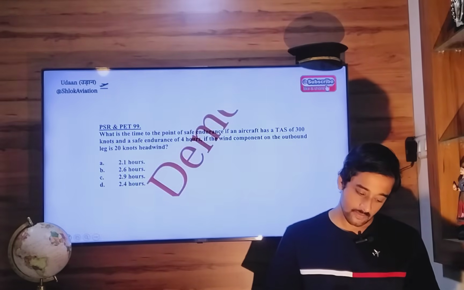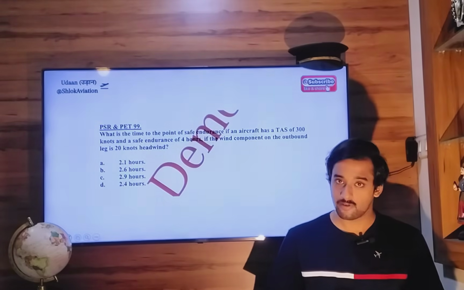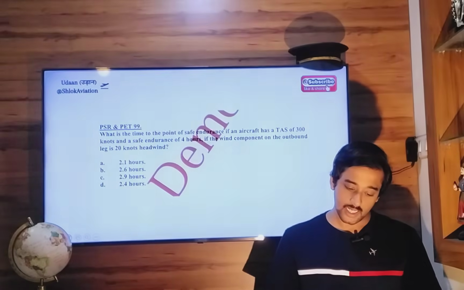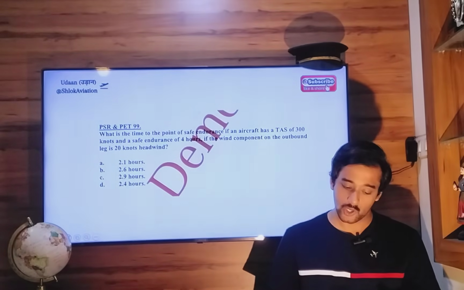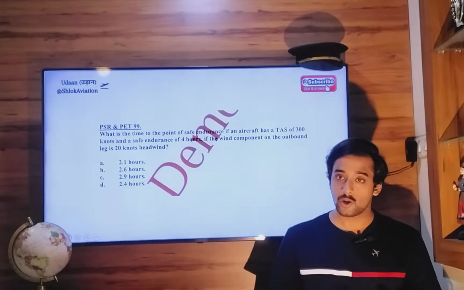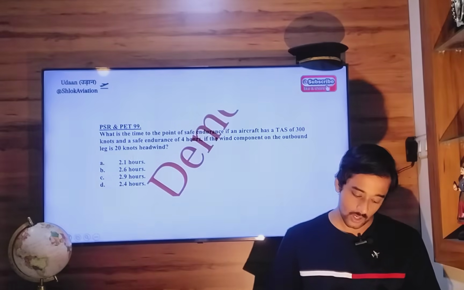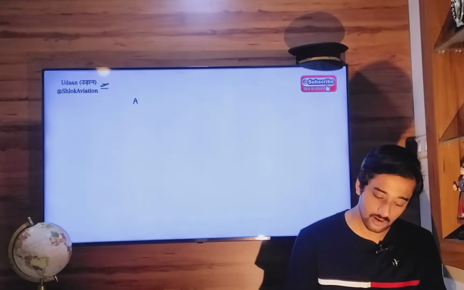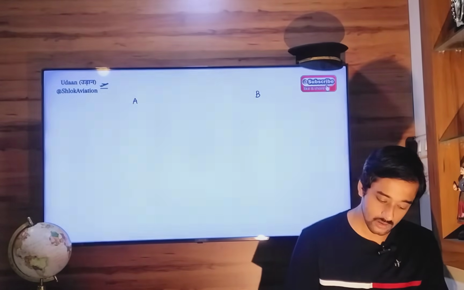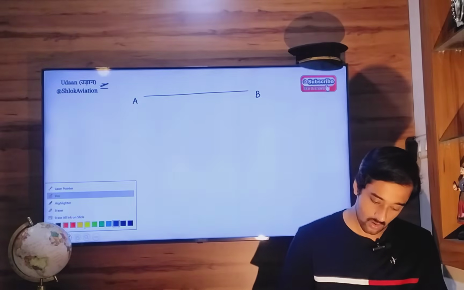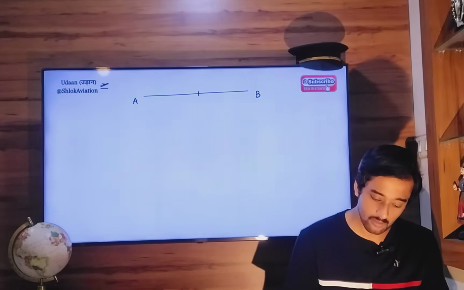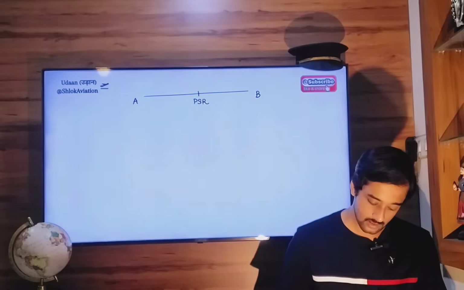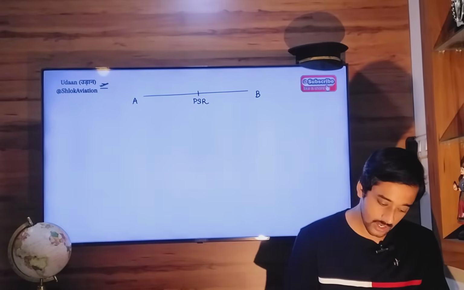Question 99. What is the time to the point of safe return? If aircraft has a TAS of 300 knots, endurance of 4 hours, wind on the outbound leg, 20 knots headwind. So Alpha, Bravo, this is your point of safe return. Here is your aircraft.